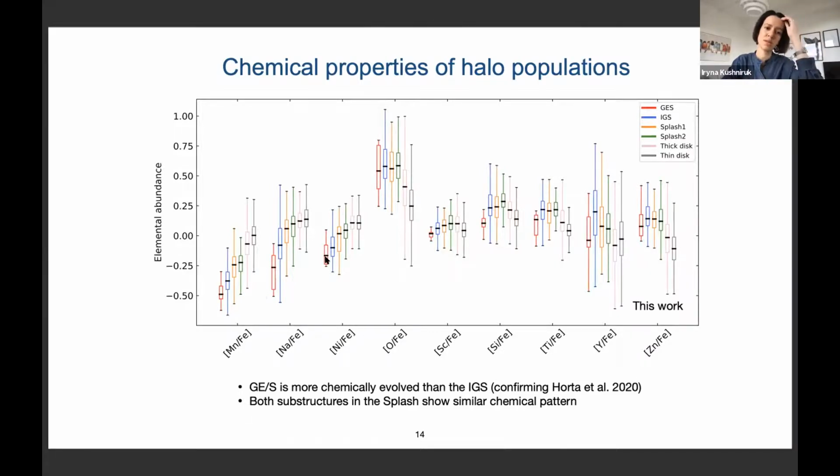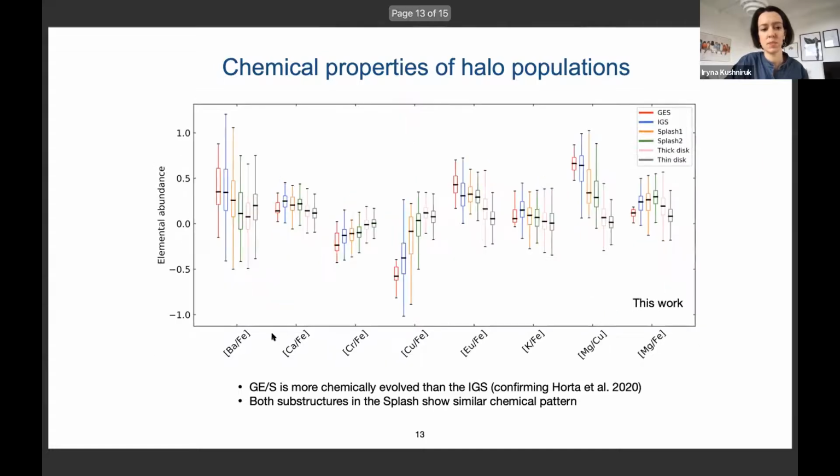Also for selecting stars in the Gaia Enceladus sausage, we can see that sodium works well, magnesium works well. Again, going back to our r-process elements, we have europium here, and we can see that it's slightly higher compared to the rest of the groups.